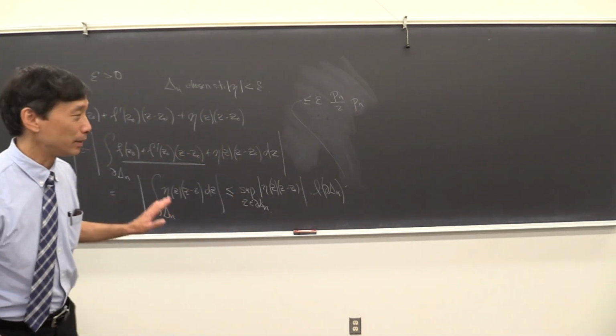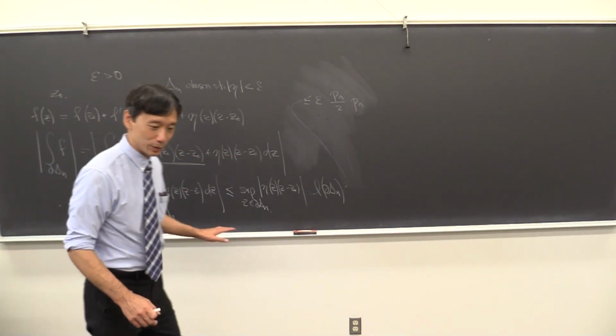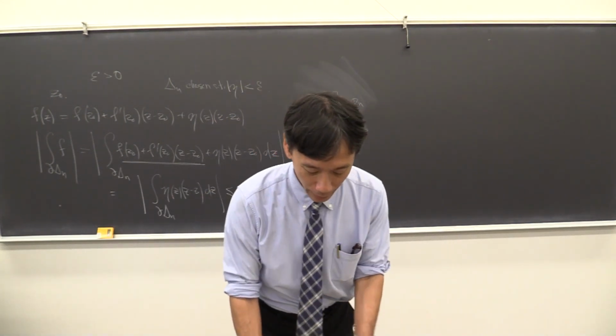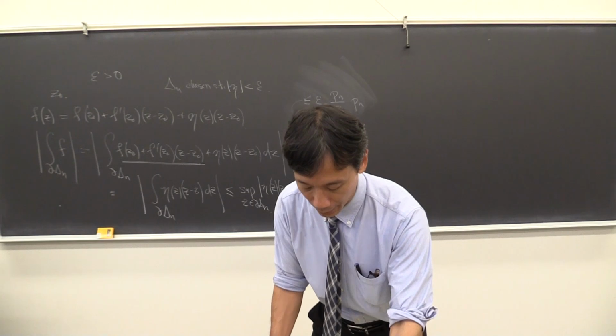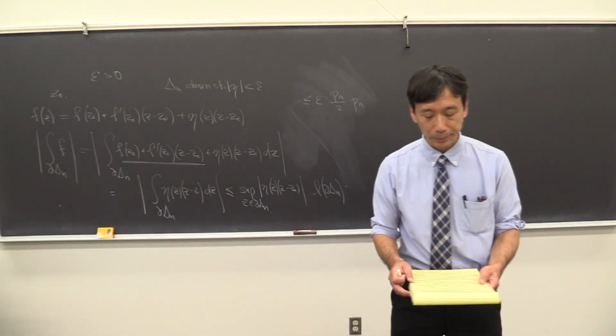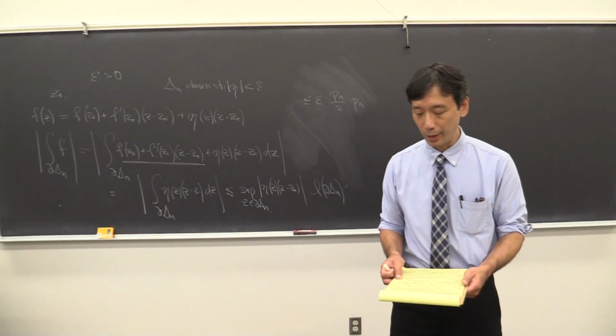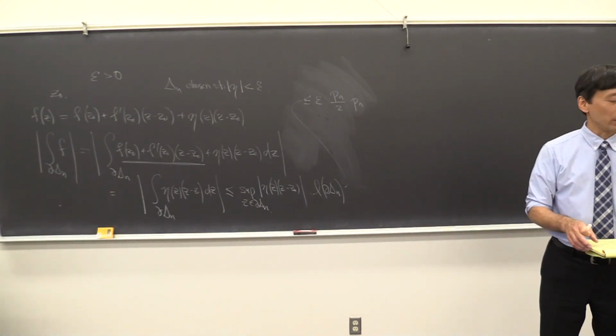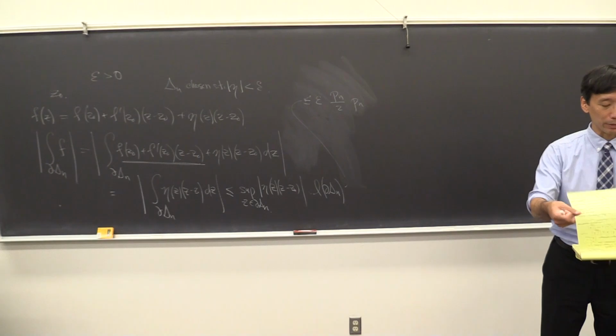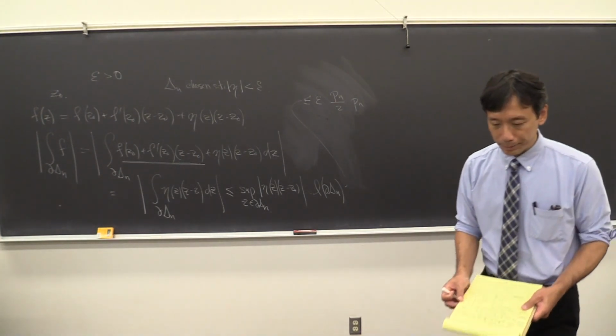So that's the right way it should have been written. And that gave us the proof of Cauchy-Goursat: whenever you have a holomorphic function and you're integrating over the boundary of a triangle, you get 0. Okay.